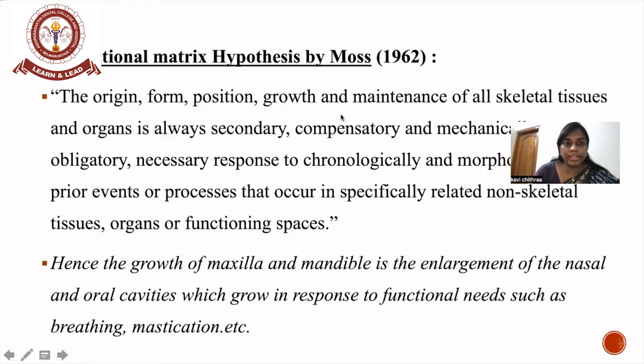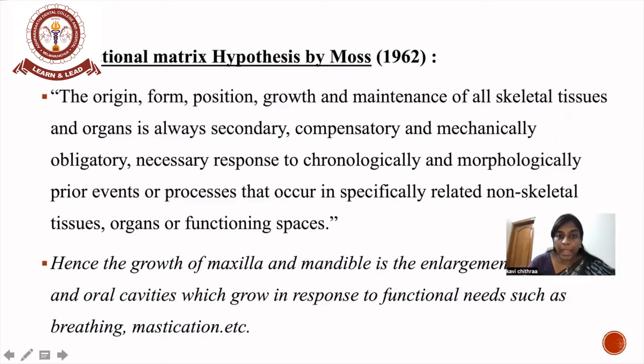So the next theory is the functional matrix theory by Moss, which was given in 1962. And he says that the original form and position and growth of the skeletal tissues is always secondary and compensatory and mechanically obligatory, a necessary response to chronologically and morphologically prior events or processes that occur in specifically related non-skeletal tissues, organs, or functioning spaces.